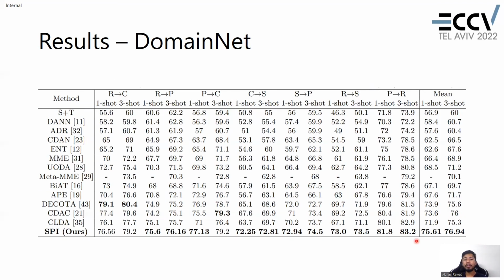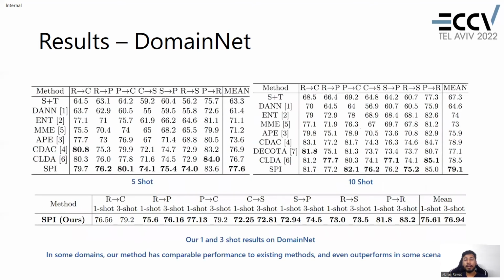Here we compare the one-shot and three-shot performance of our proposed method with the existing approaches in the literature. We clearly see that our method outperforms the existing approaches in the majority of the scenarios and also on the mean score. Next up, we show the performance of our approach in the 5-shot and 10-shot setting on the DomainNet benchmark.